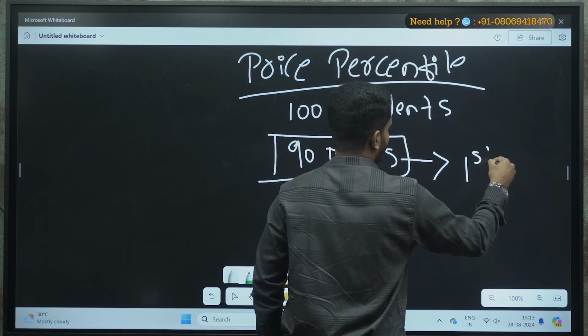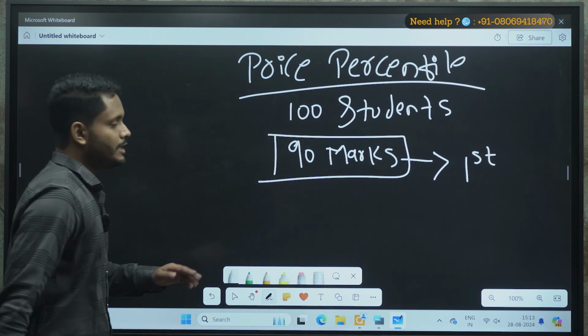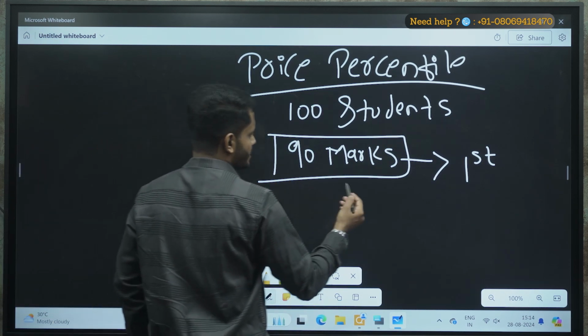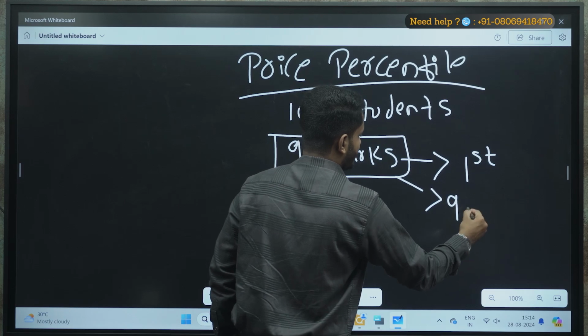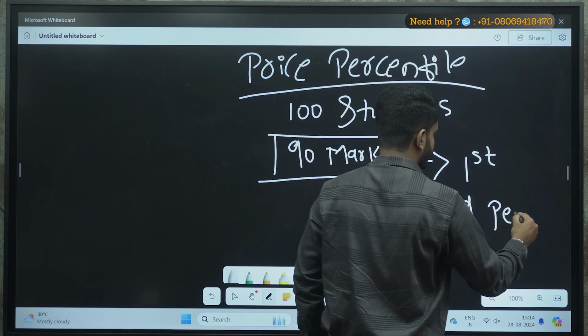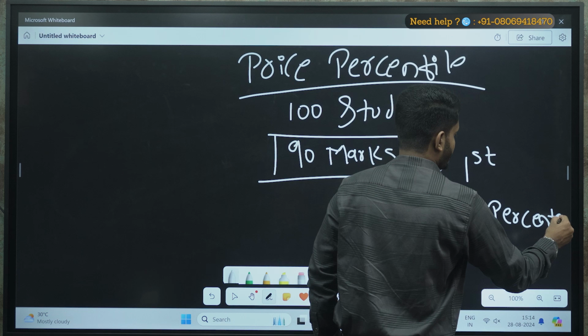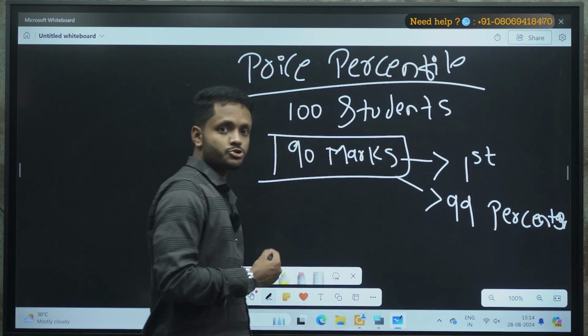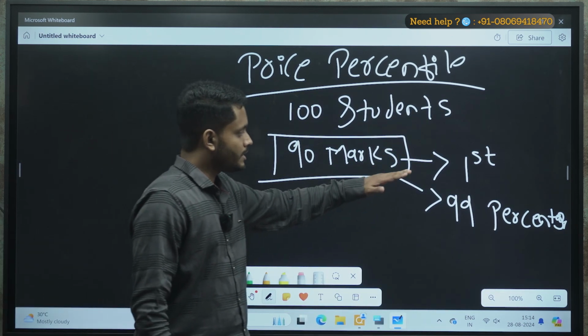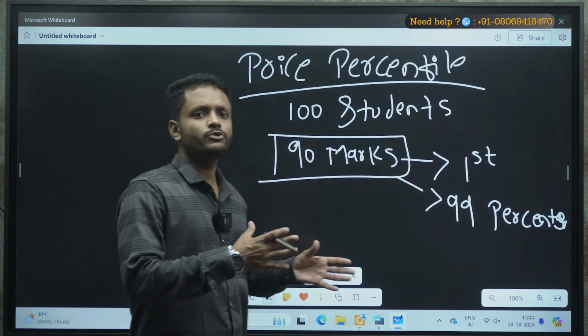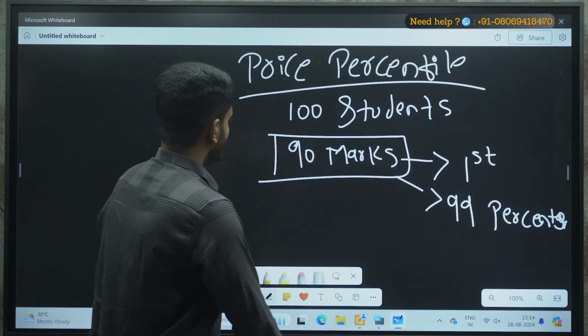Now I'll give him 99 percentile, not percentage. The percentile of all other students will be based on this, so this will be a kind of cutoff.